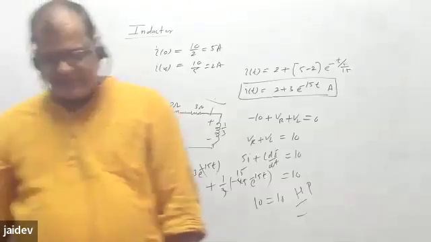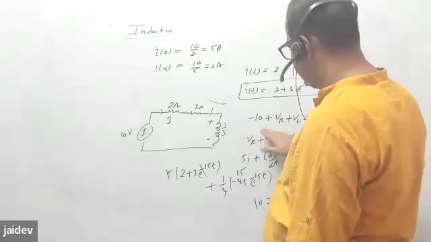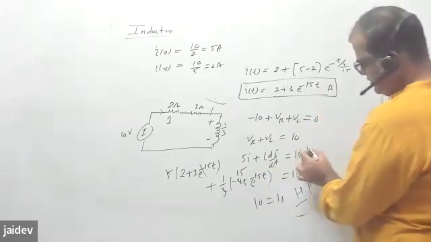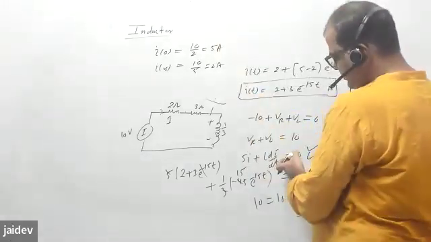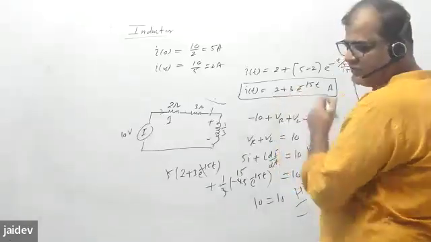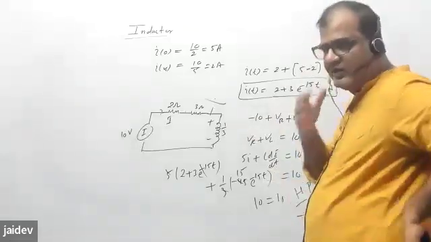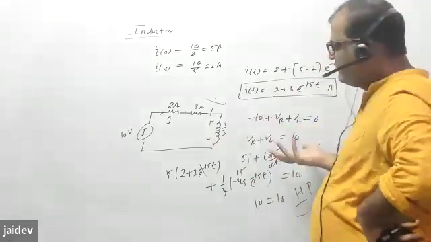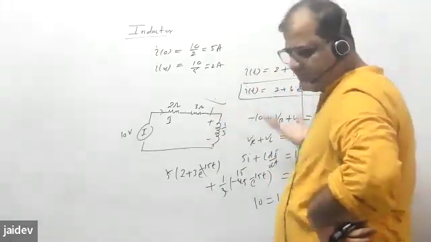So the meaning is basically, if you solve this equation knowing the initial condition, you will land at this equation. That is the meaning. So either you solve the differential equation, writing the KVL differential equation, or directly the way I told you, that is the easy method.